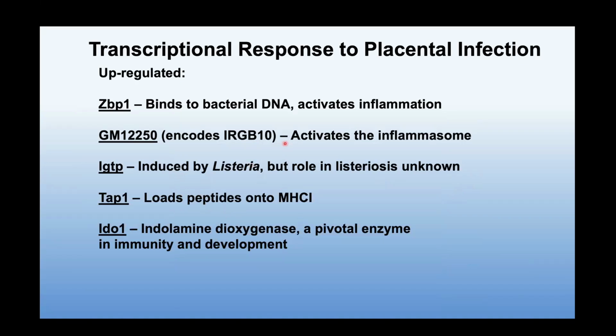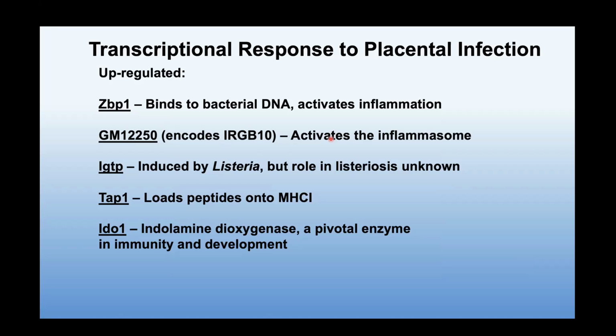A couple of these have interesting activities that we're looking at in the placenta. One of the things is there's not enough time in the course of infection that we've shown that we use here. We infect on day 14 of the 20-day gestation of mice, and then we analyze them on day 18 or let them give birth.